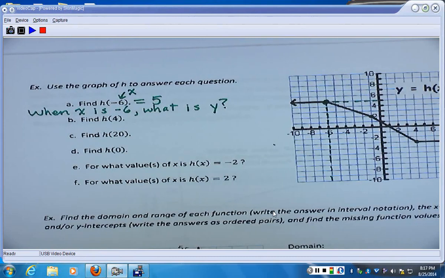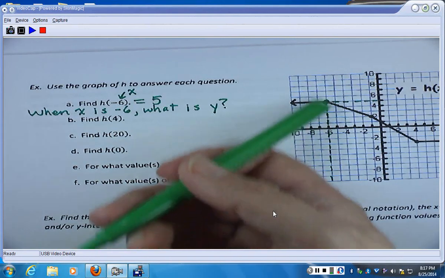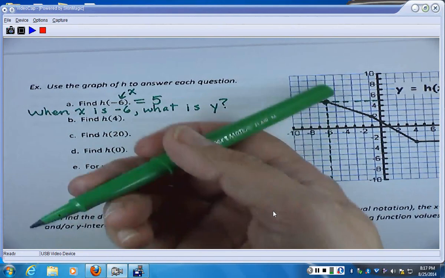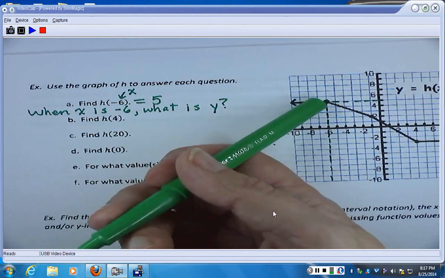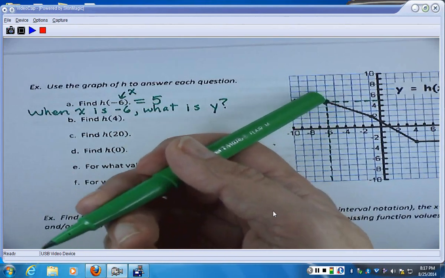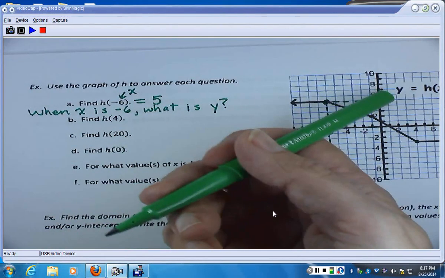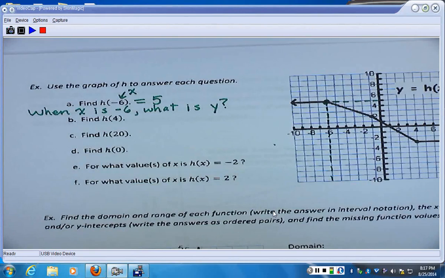When I had to go to -6 on x and find where x equals -6 intersected the function, then I had to go over to see what value that was in y. Or I could just look. I don't have to draw all those little dashed lines. Okay? Does that make sense?